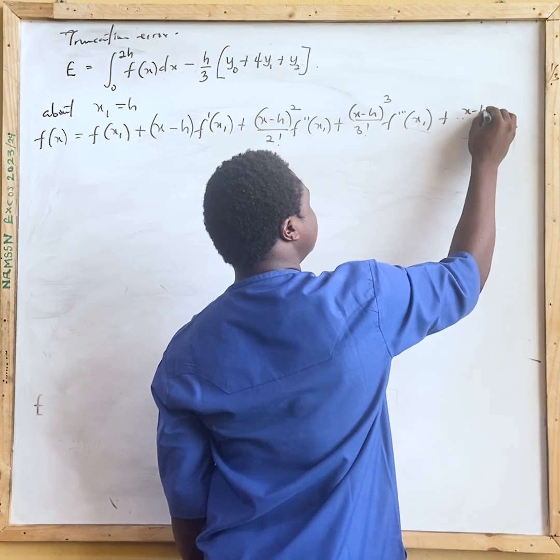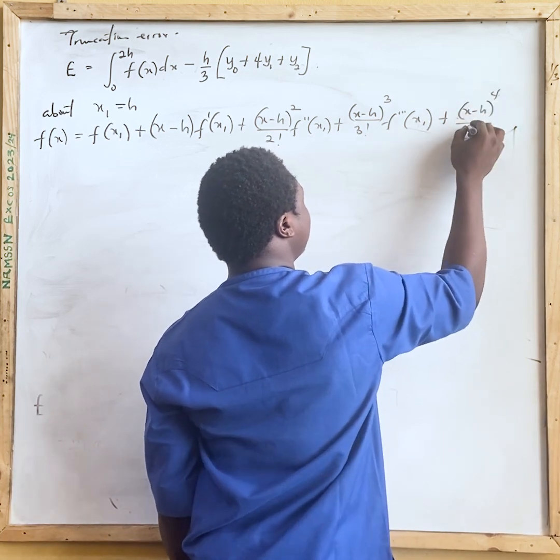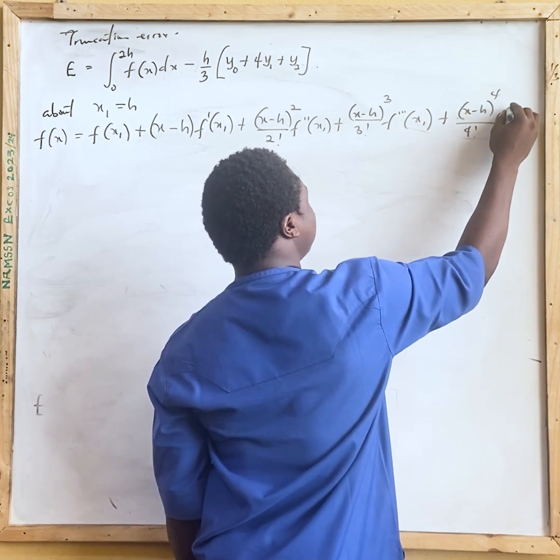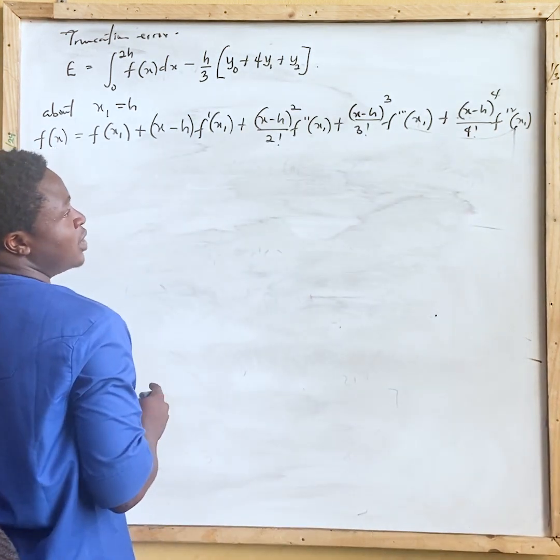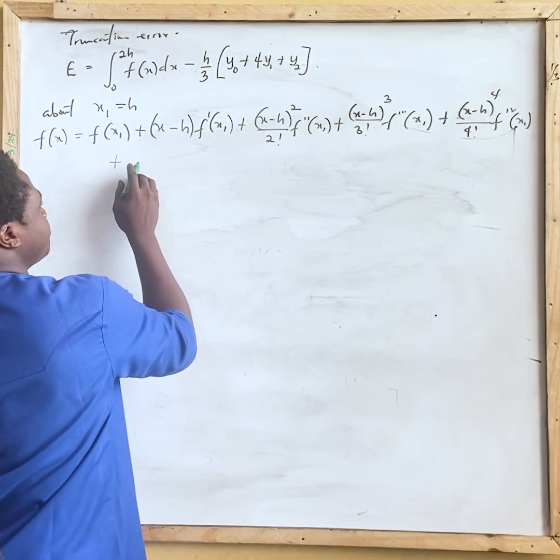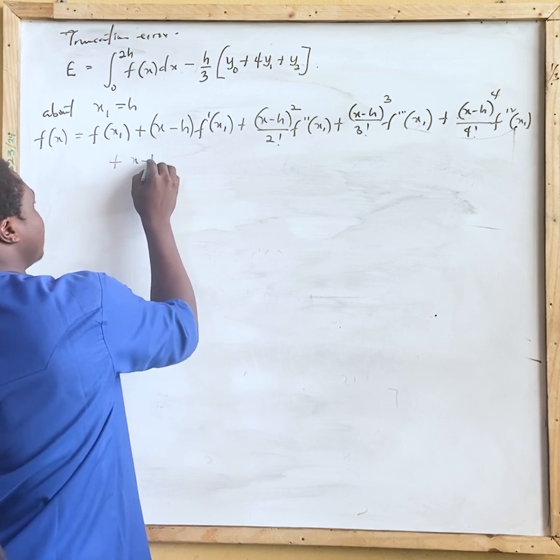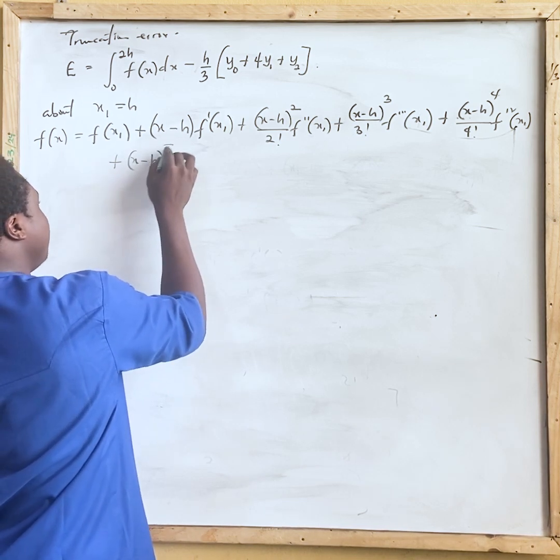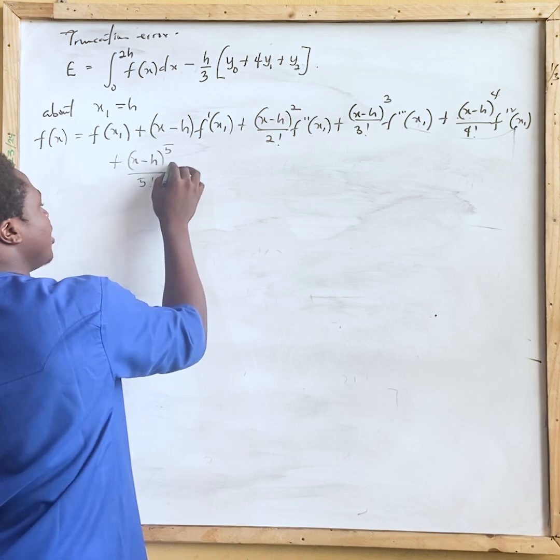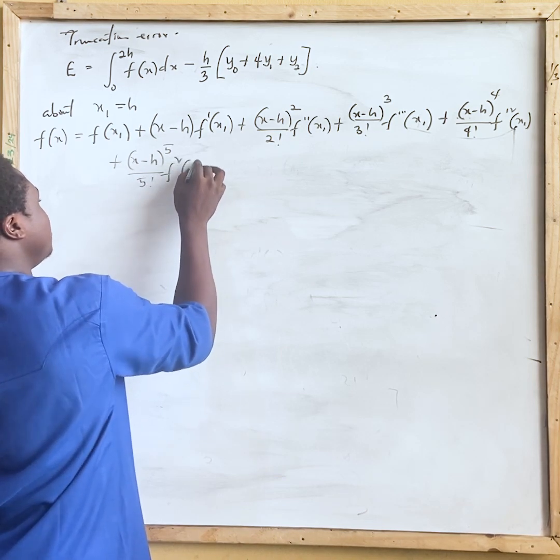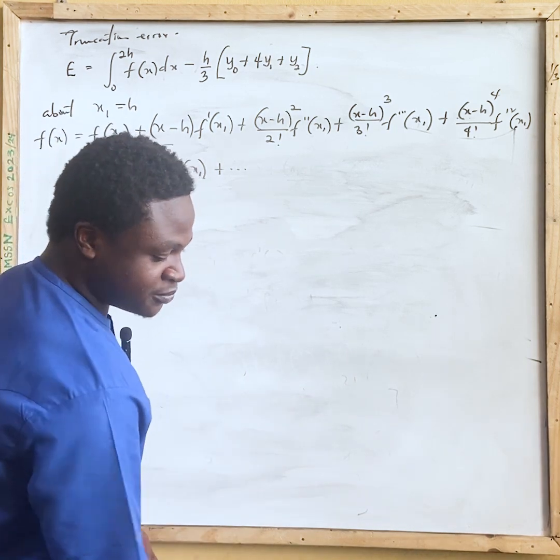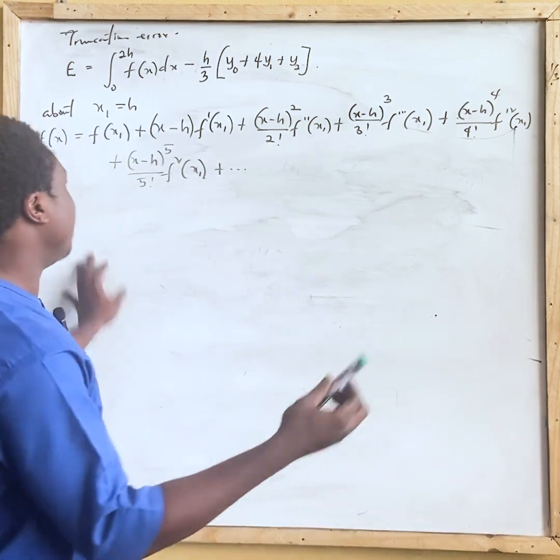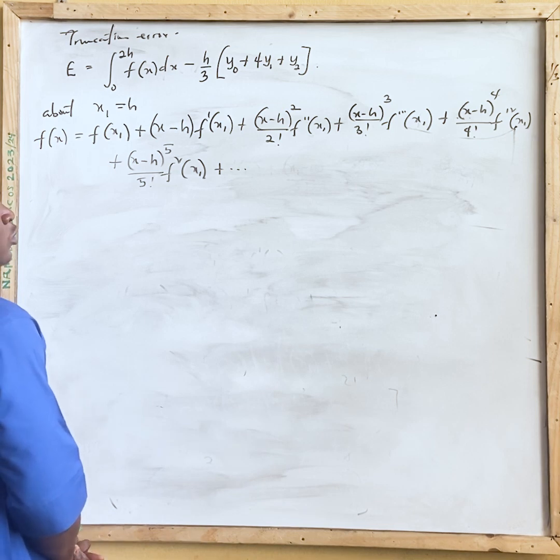In fact, x minus h to power 4 over 4 factorial f fourth derivative x1, then plus x minus h to power 5 over 5 factorial f fifth derivative x1, and so on and so on. So let's keep it at this, so that we have more terms to consider.